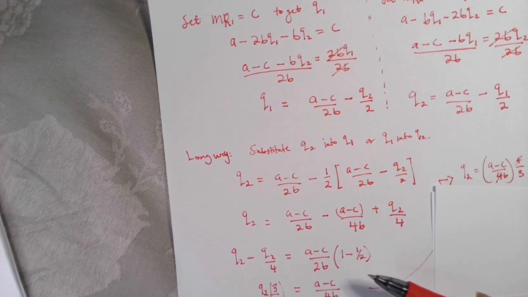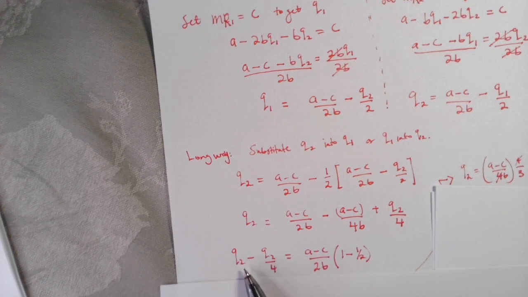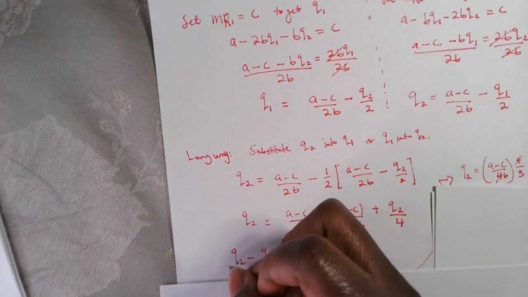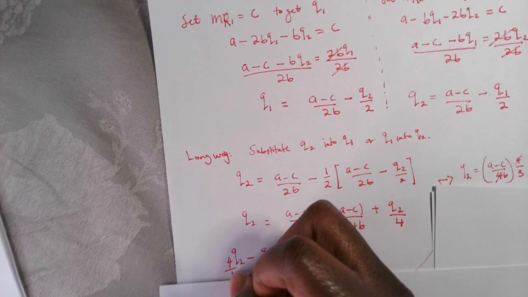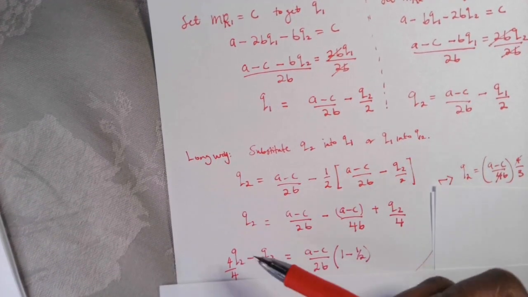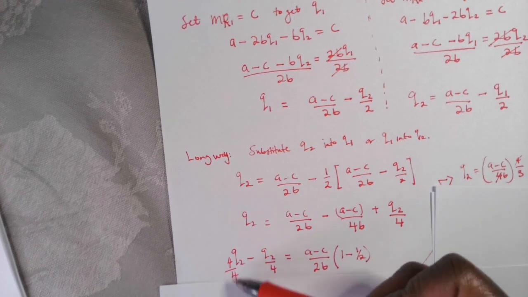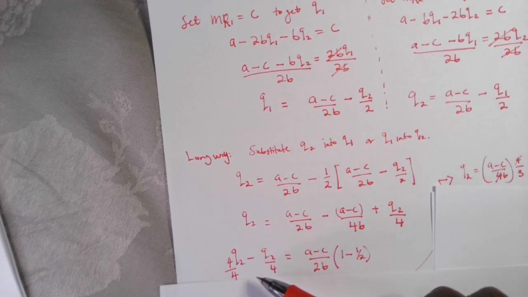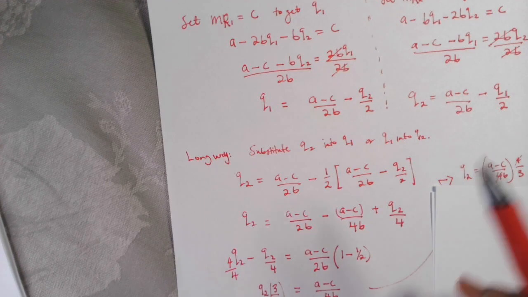Okay, so the next step, oh, by the way, on this end, right, you have q2 minus q2 over 4. Well, you can just multiply and divide by 4 here. I mean, this is going to be 1, so we haven't really done anything to q2, but it allows us to see how this whole thing becomes 3q2 over 4.